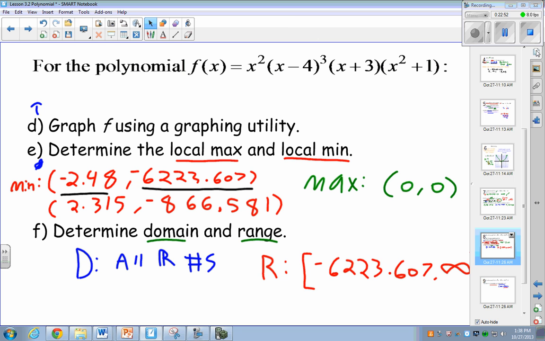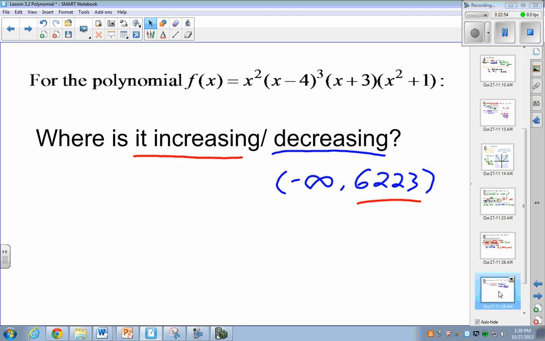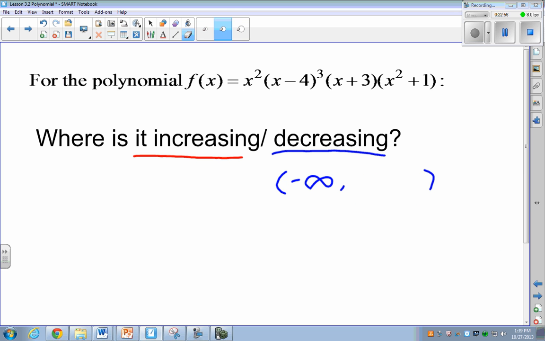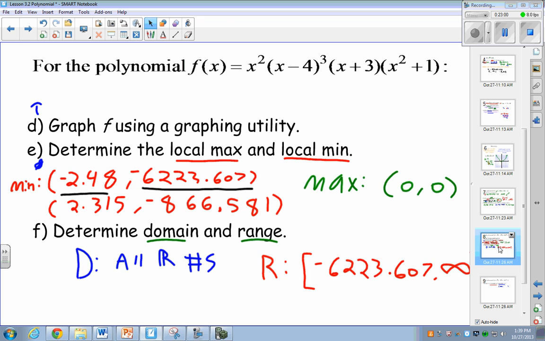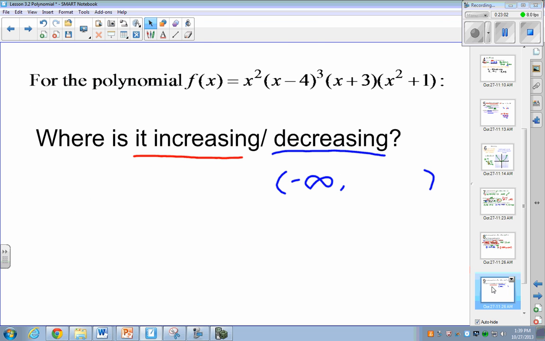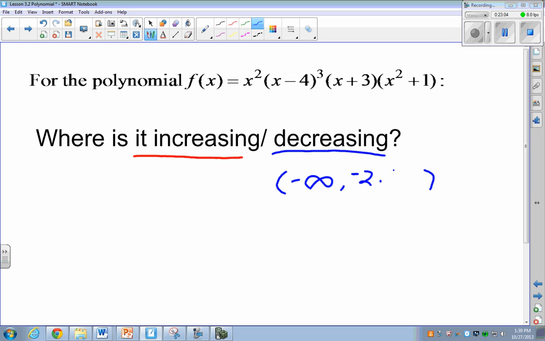My apologies. Let's look at that value again: negative 2.48. Now, looking at our x values, it's increasing from negative 2.48 all the way up to 0.